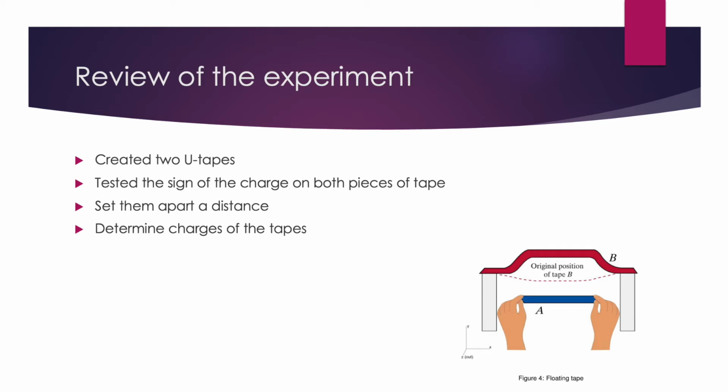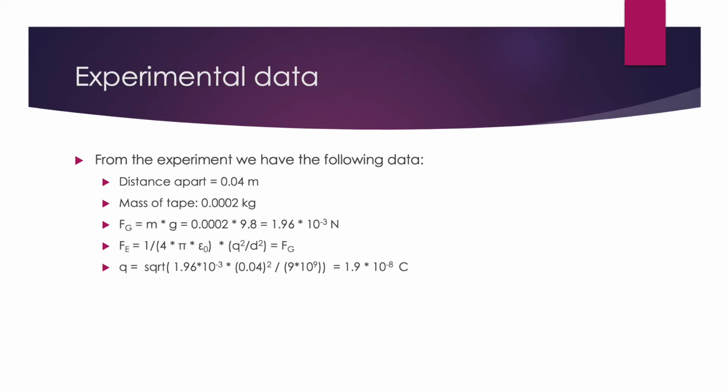The charges of the tapes could then be determined by equating the gravitational force and the electric force and solving for the charge. We began by measuring the distance apart of the two pieces of tape, which was 0.04 meters. We also knew that the mass of the top piece of tape was 0.0002 kilograms, and so it was of known length and density.